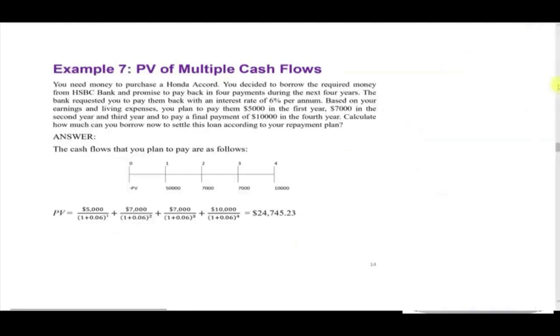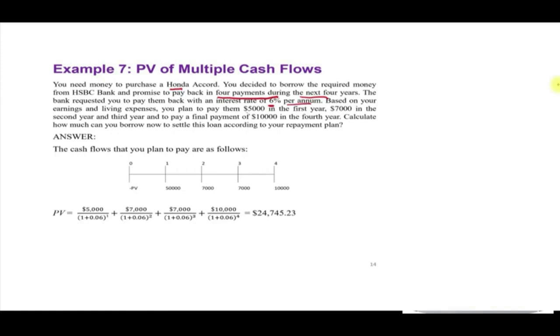Okay, let's take an example. You need to purchase a Honda Accord. You decided to borrow the required money from HSBC Bank and promise to pay back in 4 payments during the next 4 years. The bank requested you to pay them back with an interest rate of 6% per annum every year based on your earnings and living expenses.